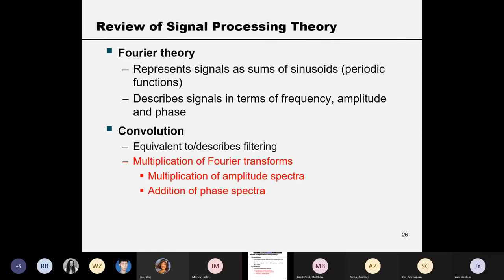That's the convolution. So let me repeat. After Fourier transform, the two time series become two frequency domain representations, right? So the convolution becomes the multiplication of two amplitudes and the sum of two phases for each individual frequency. Okay, that's easy.